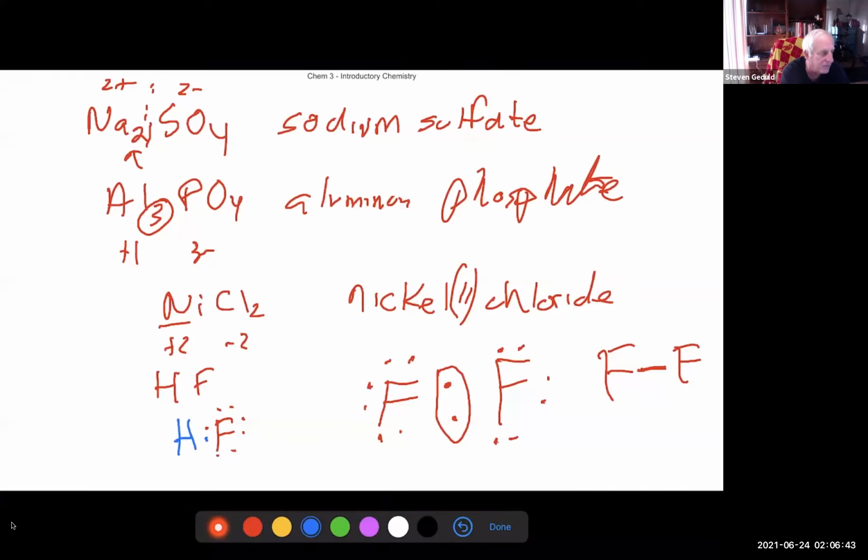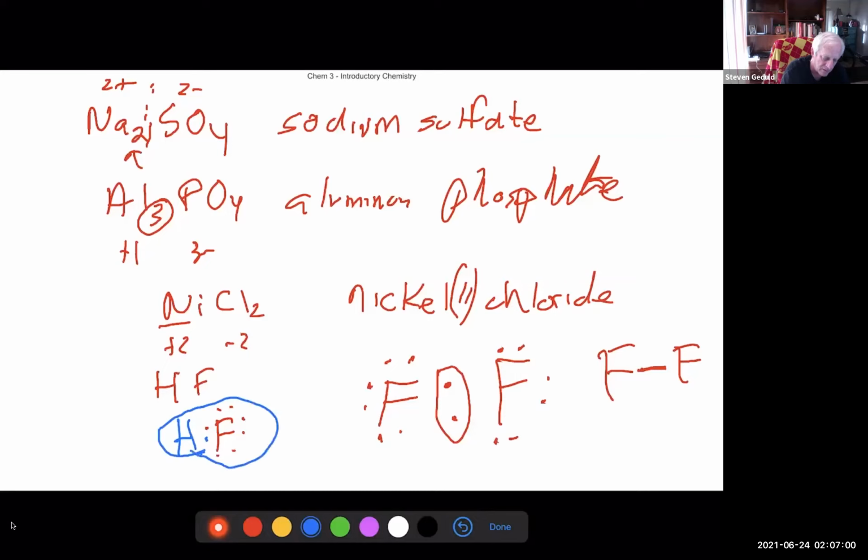Hydrogen doesn't have the p orbital in its row, so it can only have 2 electrons to be stable, like helium. So hydrogen follows what's called the duet rule. Everything else follows the octet rule. So hydrogen has 2 electrons around it, these 2 shared, and fluorine has 8. So it's hydrogen fluoride or hydrofluoric acid.